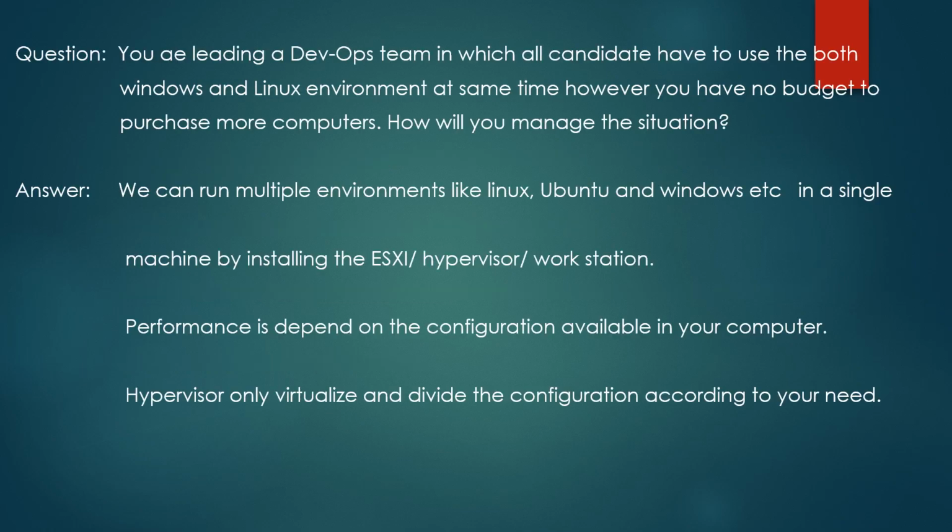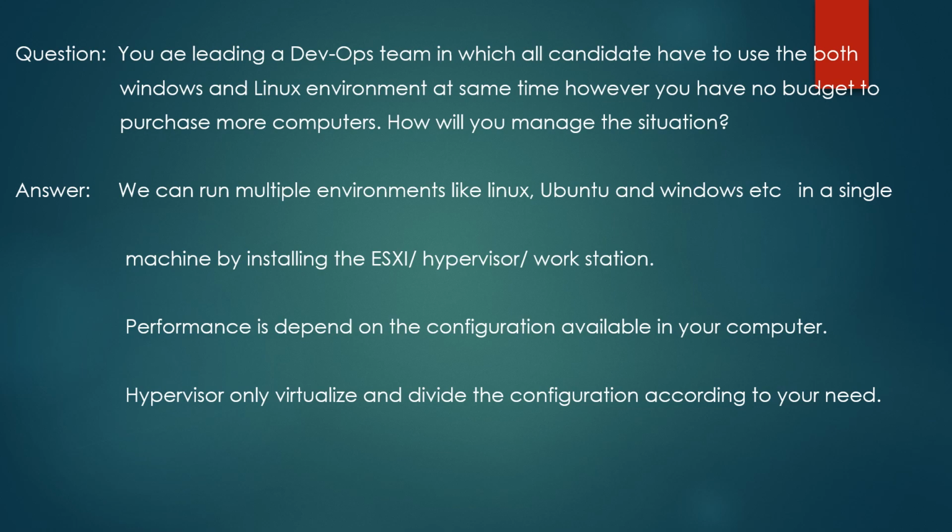Yes, this is actually to check your intelligence level. You are leading a development operations team in which all candidates have to use both Windows and Linux servers and Ubuntu as well at the same time. But you have no budget to purchase more computers. How will you manage the situation? So you can run multiple environments like Linux, Ubuntu, and Windows in a single machine by installing the ESXi hypervisor or workstations.